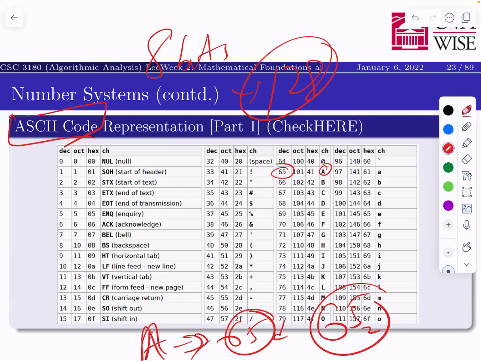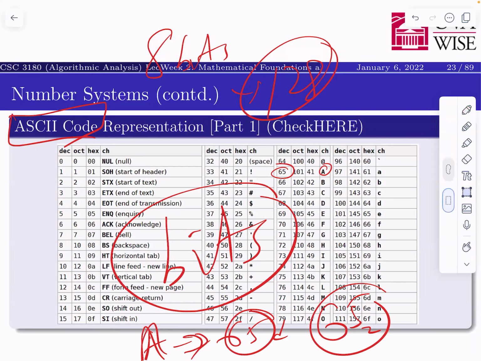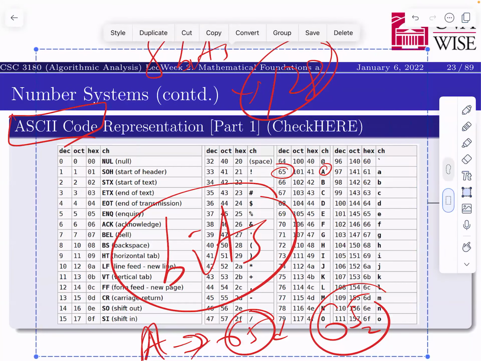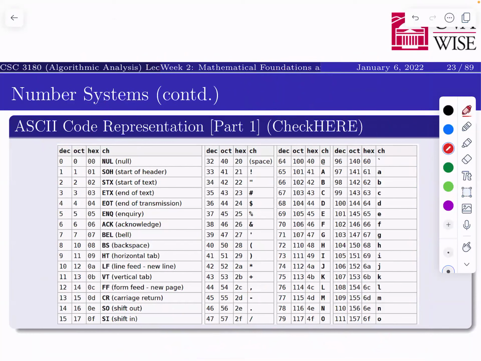Internally, we use bits to represent any data. But ASCII code uses what? Integer number, decimal number to code every character. But in the memory, they are eventually converted to binary. Okay, so this is ASCII code.